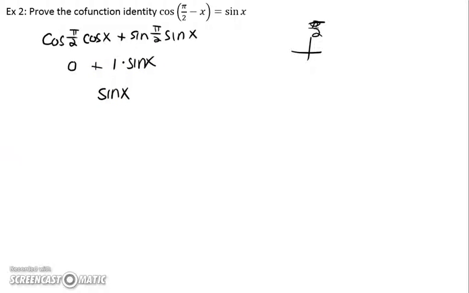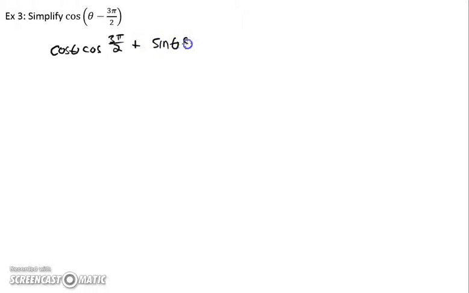All right, so moving on. Simplify cosine of theta minus 3 pi over 2. So we need to use that same thing that we just had a second ago, cosine of u minus v. So that's going to be cosine of theta, cosine of 3 pi over 2, plus sine of theta, sine of 3 pi over 2.